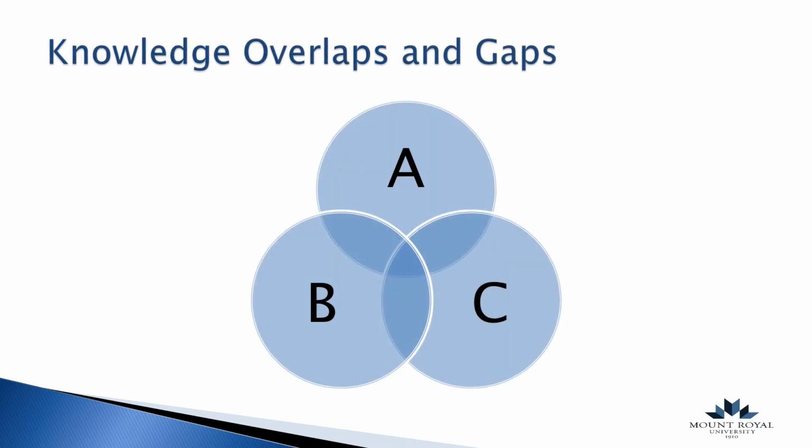The one thing we find during the process of synthesis is often we discover knowledge overlaps or agreement between sources, or we may find knowledge gaps or disagreements. So questions to ask yourself is which sources overlap or share the same opinion or findings?